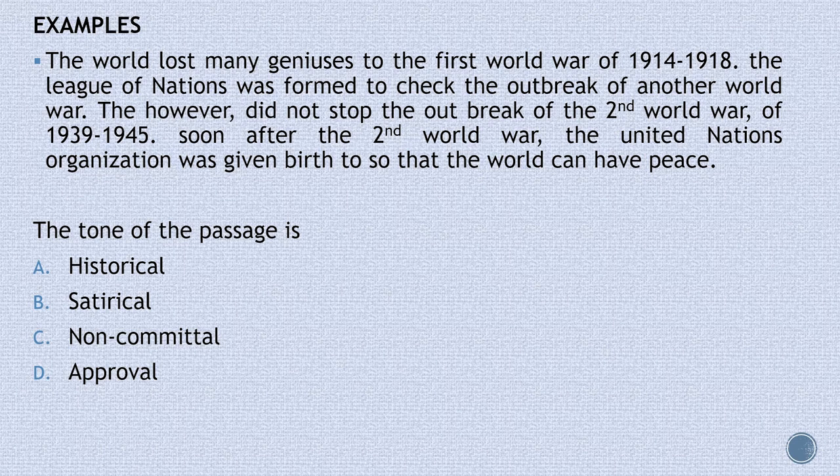Now, if you look at this particular passage, what is the tone of this passage? We have historical tone, satirical tone, non-committal tone, and the tone of approval. This is what? The historical tone. Why? Because they're giving us a chronological breakdown of events in what? Ascending order. So option A is the right answer, historical tone.